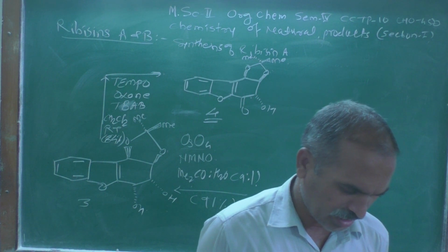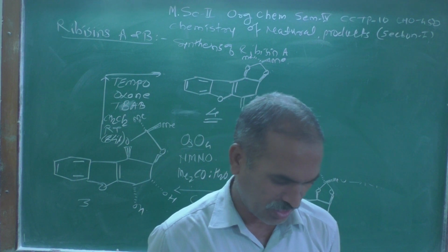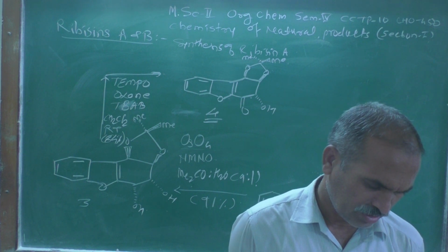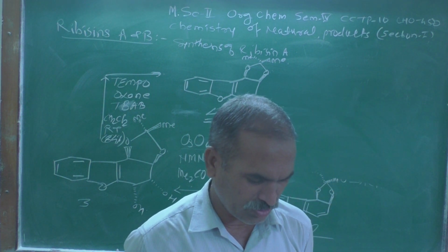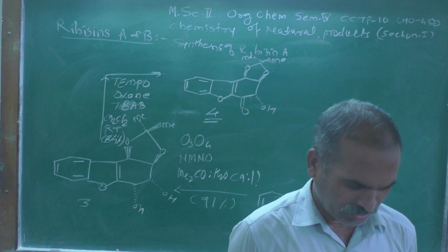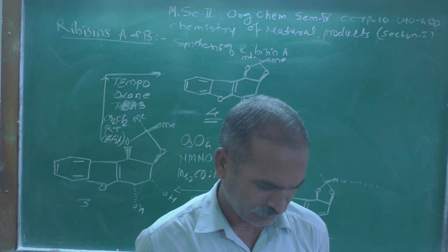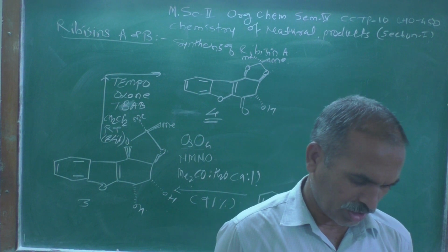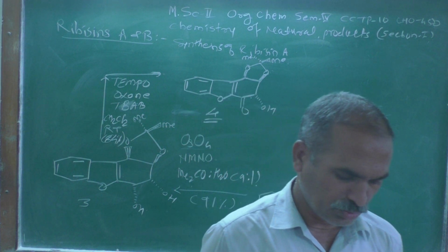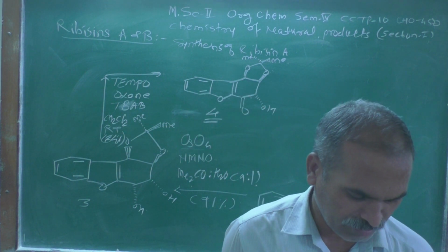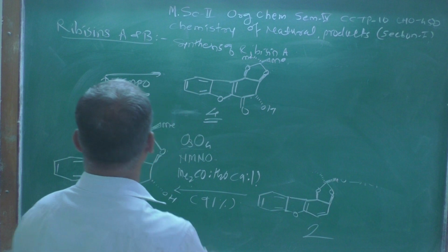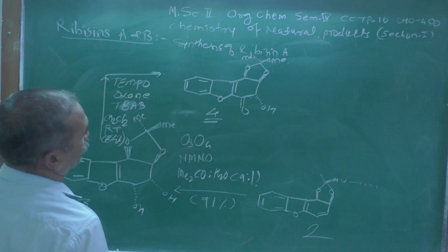TBAB is a widely used phase transfer catalyst. Do you remember what a phase transfer catalyst means? It behaves like an ionic liquid, a promising green alternative to organic solvents in organic synthesis. The name of TEMPO is 2,2,6,6-tetramethylpiperidine 1-oxyl. So that is the full form of TEMPO.